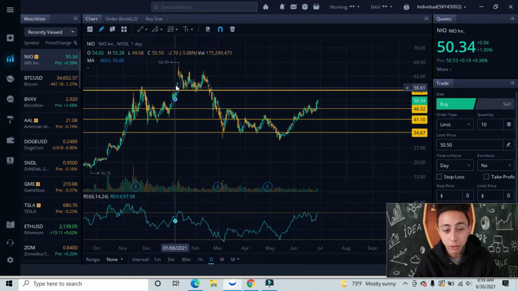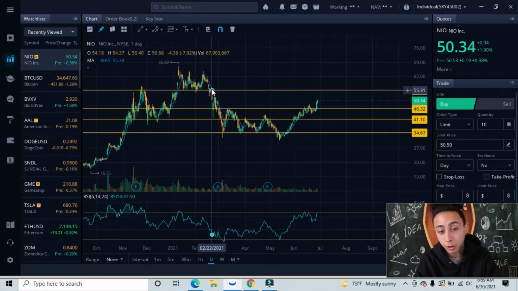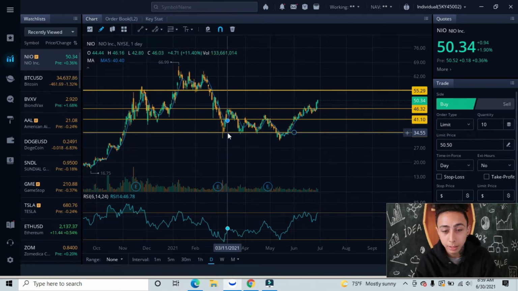That's why, once we broke above this, we came back down, retested our support level, and bounced around right on this support line. Then we broke back under, it was working as resistance, got rejected, and pushed in a smooth retracement all the way back down to our lower level of support at the $34 area. You can see it's working as support in this area, and we bounced from here.